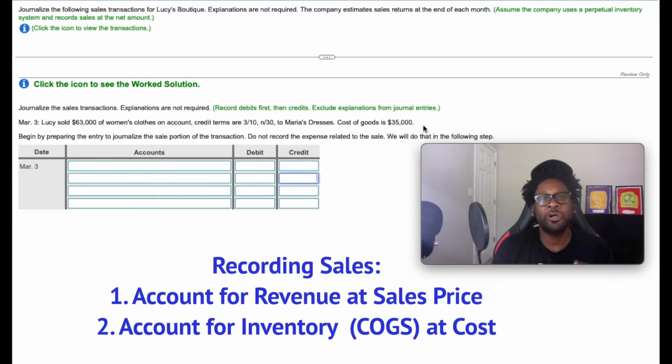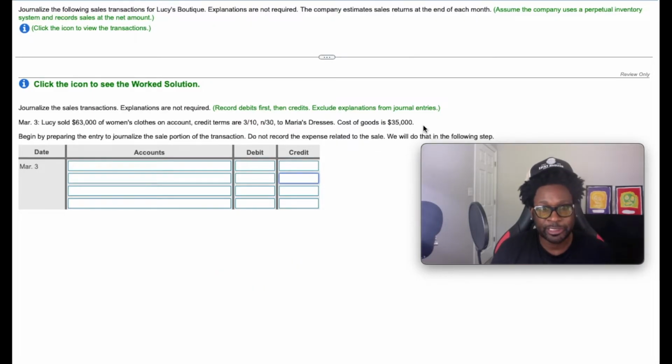Why? Because we know that we never sell inventory at the price of cost. So whenever we are dealing with sales, we always record the revenue for the largest amount between the two. So in this particular transaction, we have discount terms of 3/10, net 30.